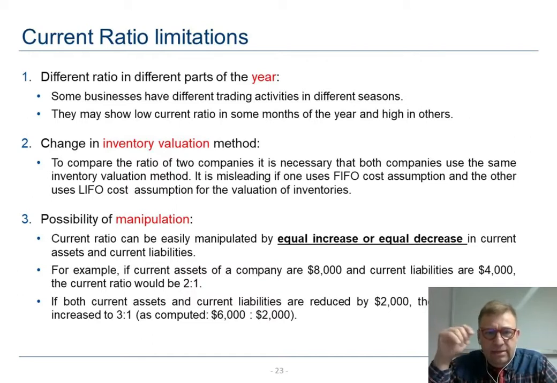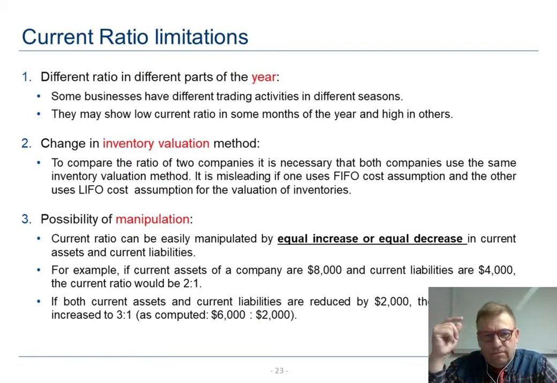And then there is a sort of easy possibility of manipulation. Current ratio could be easily manipulated, look at this, by an equal increase or equal decrease in current assets and current liabilities. For example, if current assets of a company are 8,000 and current liabilities are 4,000, the current ratio would be 2 to 1.